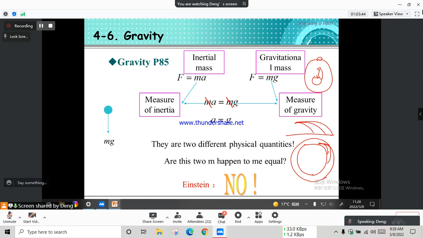So that's why if you want to launch a satellite, you need to make sure it has enough speed so it can go around the Earth, not fall to the Earth. If the speed is not enough, no matter how high we release it, it will fall to the ground. So that's the difference between the moon and the apple. They are different in horizontal speed.